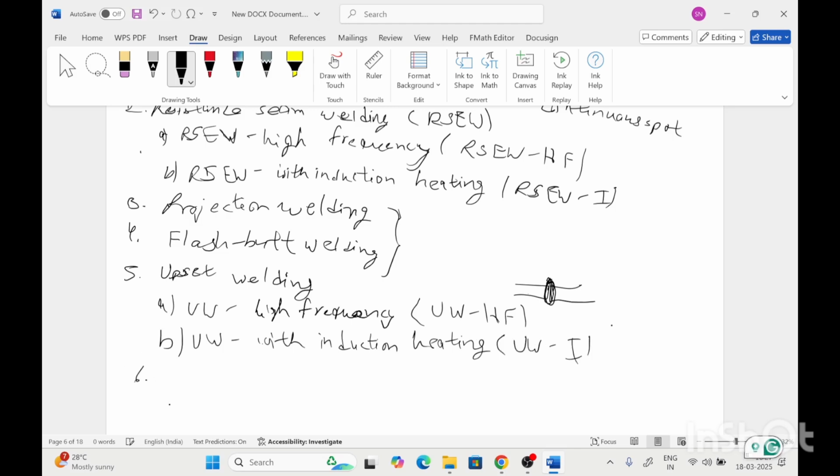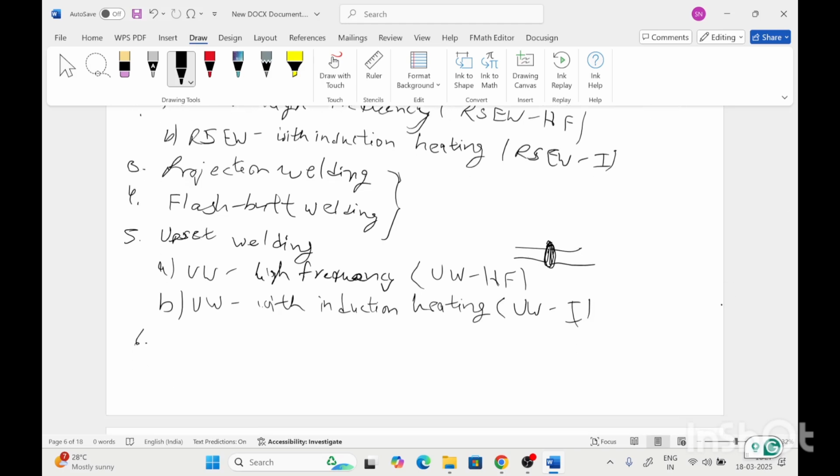The last resistance welding type is percussion welding.